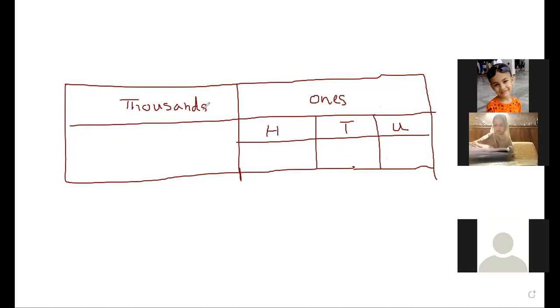And under thousands, we know that we again have 3 place values. So we are going to write unit, 10, and 100.